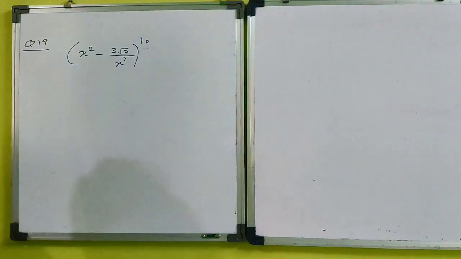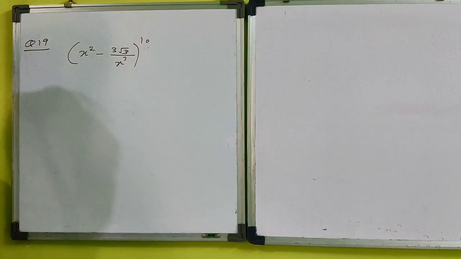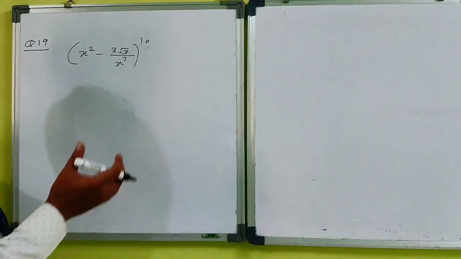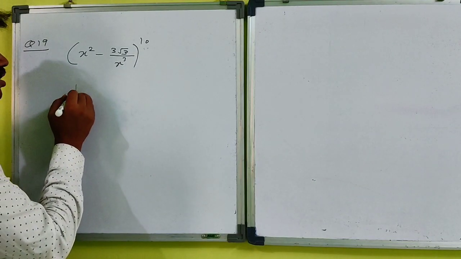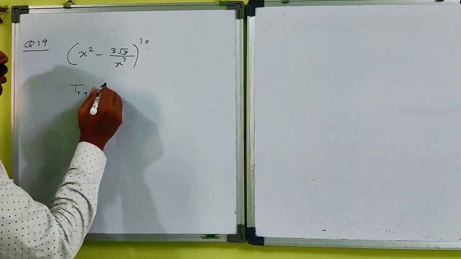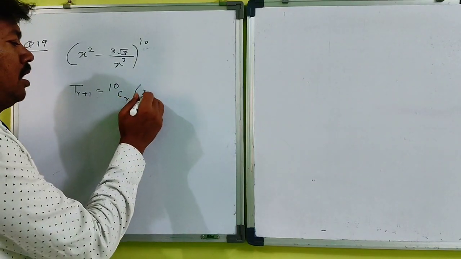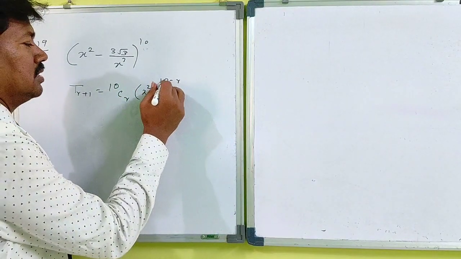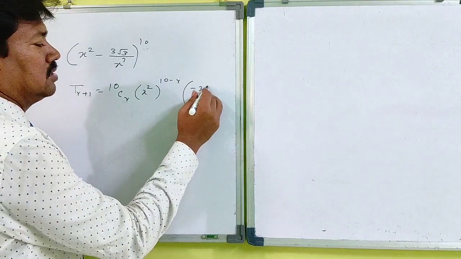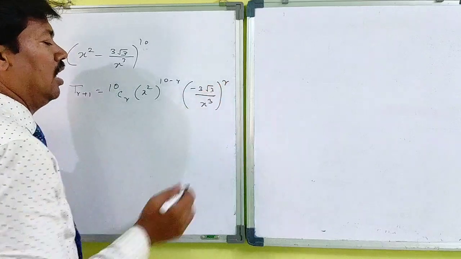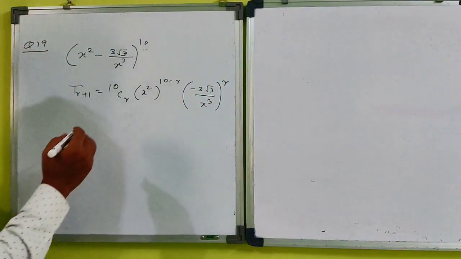Question number 19 here. The question is, what is the term independent of x in this expression? So again, same T(r+1), it is nCr, x square raised to 10 minus r, minus 3 root 3 upon x cube raised to r. So we can just equate the power here.